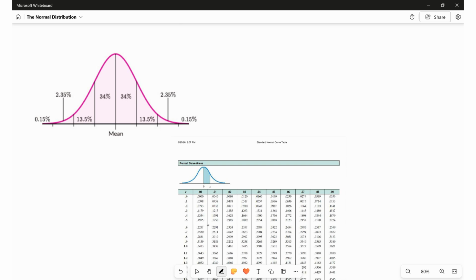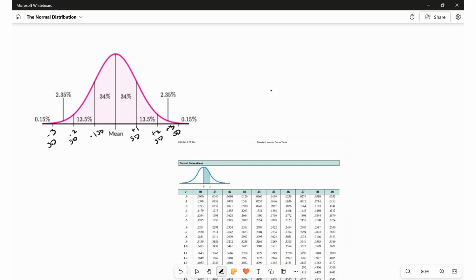And this is really helpful for when we want to find things, because this is -1 standard deviation, this is +1 standard deviation, we have +2 standard deviations, +3 standard deviations. Down here we have the -2 standard deviations. We have the -3 standard deviations.